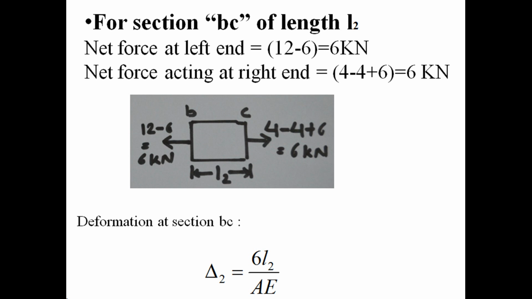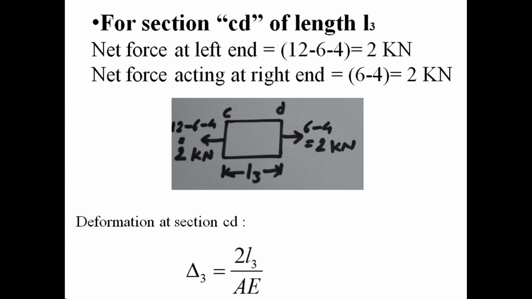So section BC of length L2 is subjected to a tensile force of 6 kilonewton. So its extension, if we denote it by delta 2, will be equivalent to 6 L2 by AE.